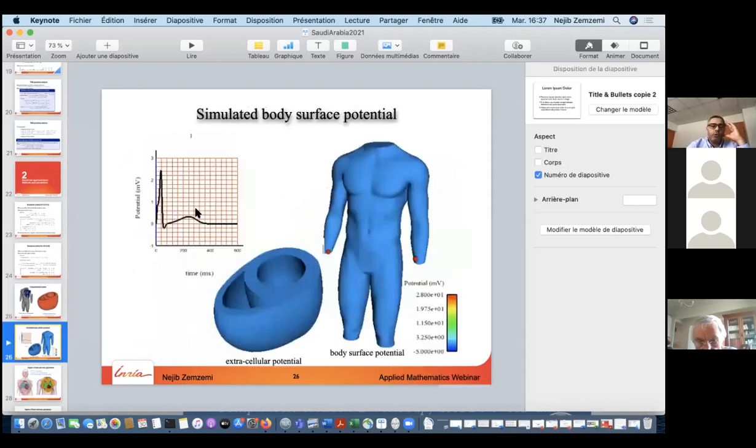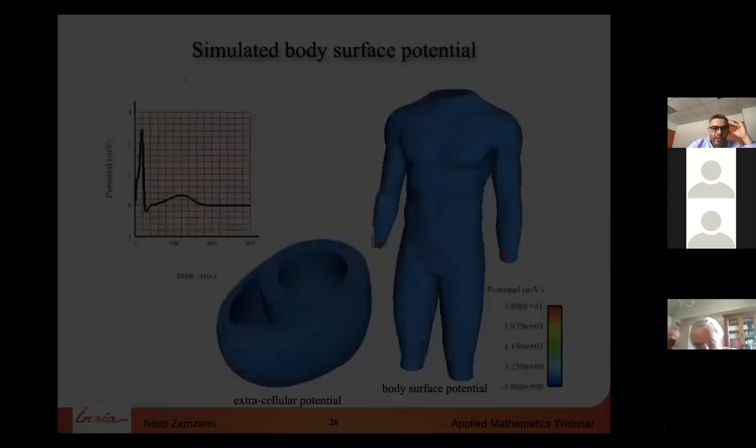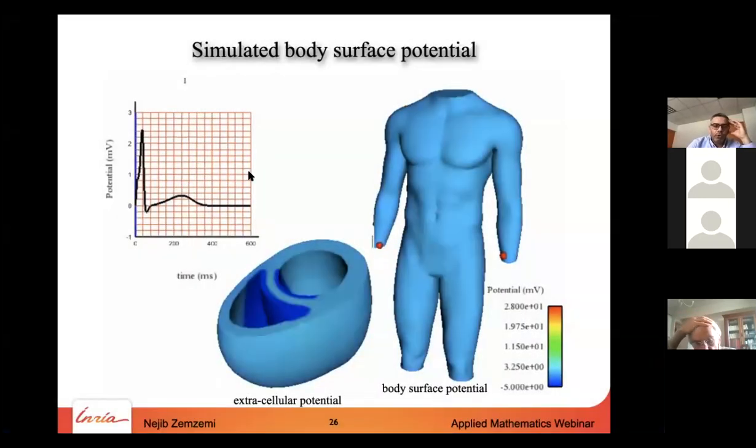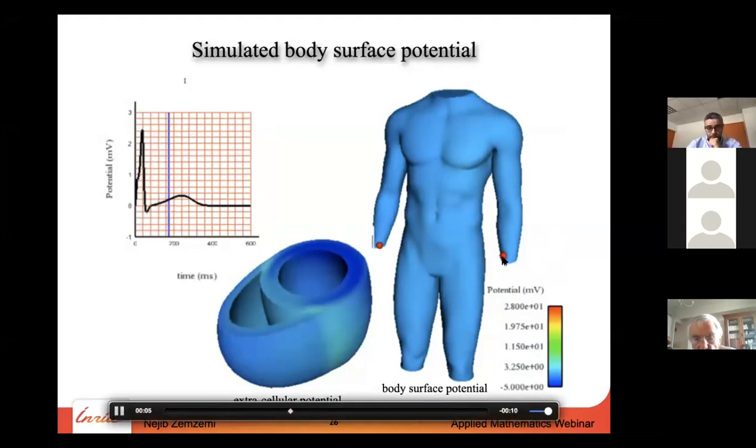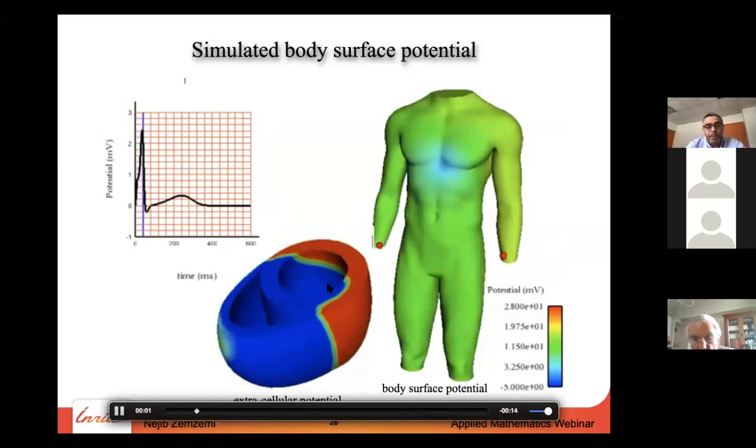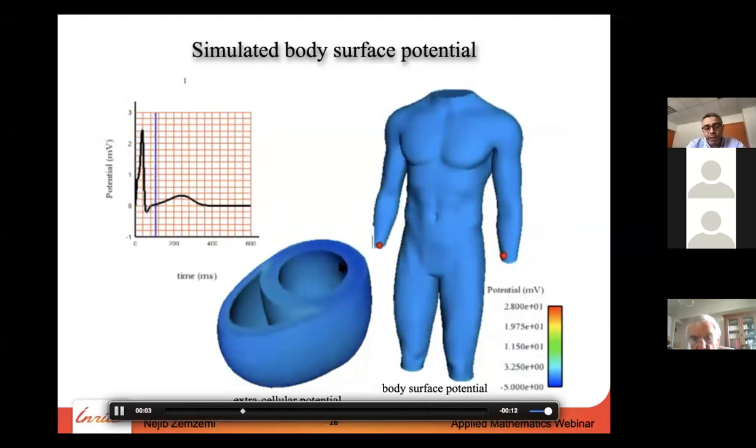By solving this problem, you obtain what we call the ECG. The ECG trace you see here is the difference of potential between the left and the right hands. And the color that appears here is the transmembrane potential.